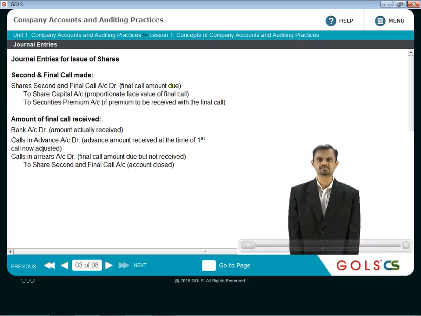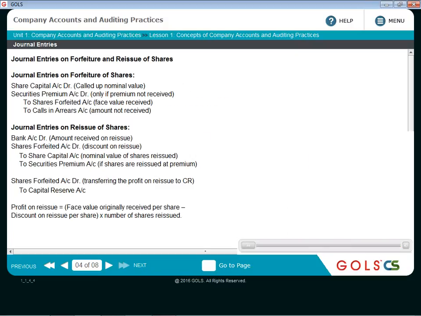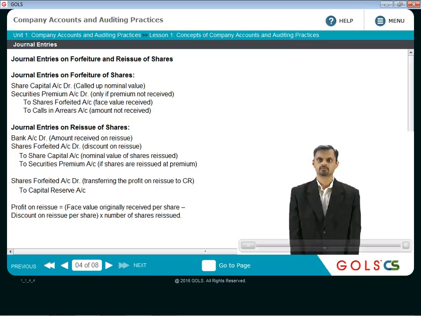So if the shares are forfeited, then again a new entry has to be passed. So let us see the journal entry for forfeiture.